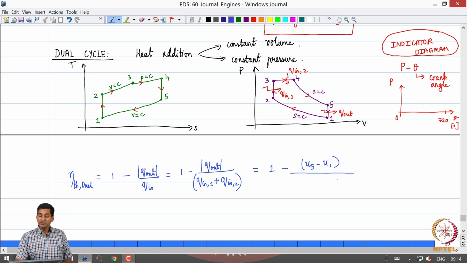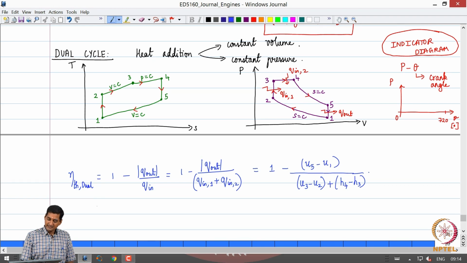So, what will be Q in 1? It will be U3 minus U2, because the constant volume heat addition process is from 2 to 3. Then what about 3 to 4? It will be now H4 minus H3, right, because it is a constant pressure heat addition process. Okay.